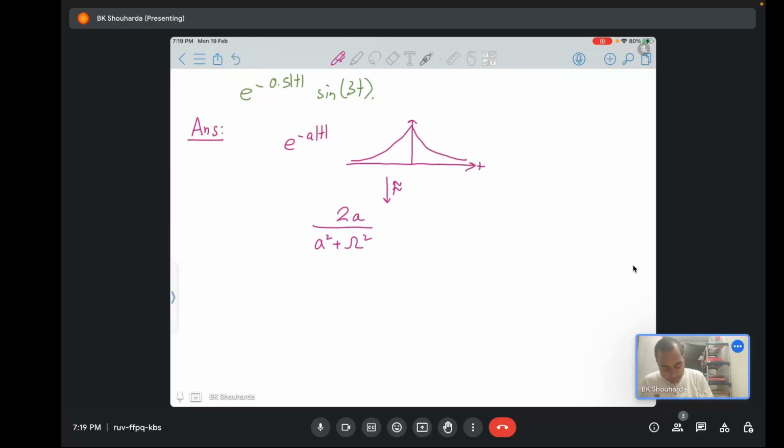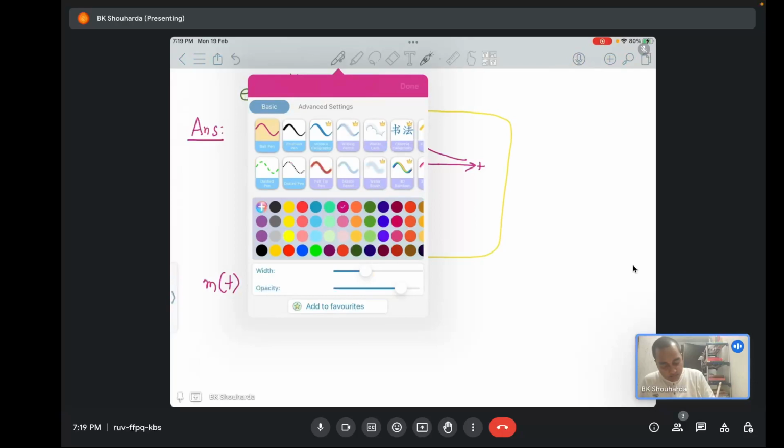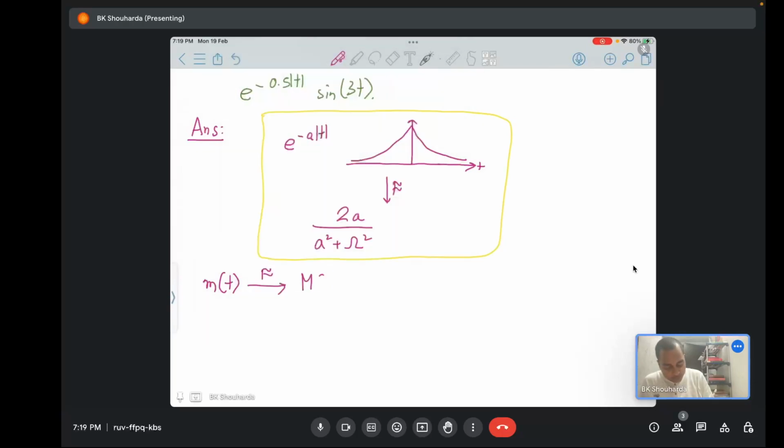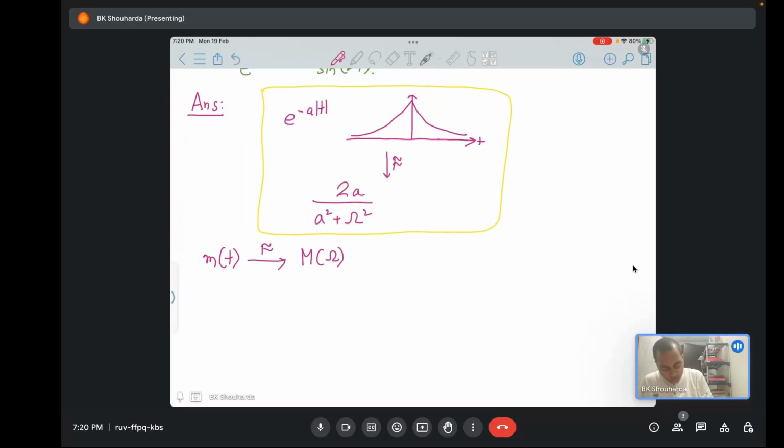And then we also remember the other concept. We have a signal m(t) whose Fourier transform is M(ω). So now what do we write m(t) sine ω t as? We write it as m(t) upon 2j times e^(jω0 t) minus e^(-jω0 t).